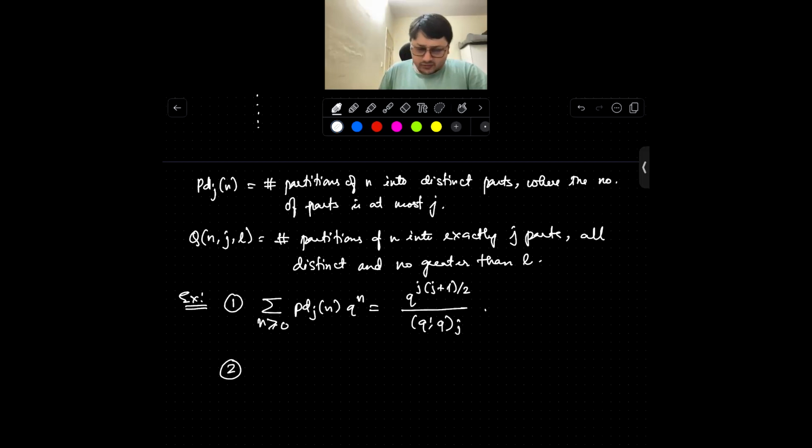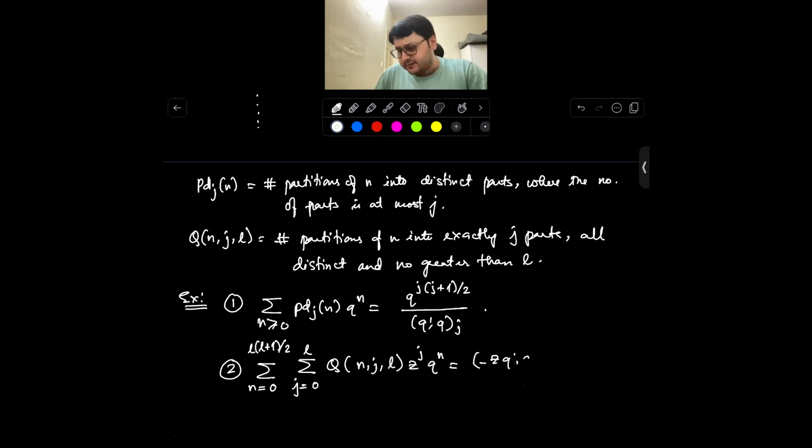And the second is going to be a two variable generating function, where m is going from 0 to L into (L plus 1) by 2, summing Q(m, j, L) z to the j q to the m.